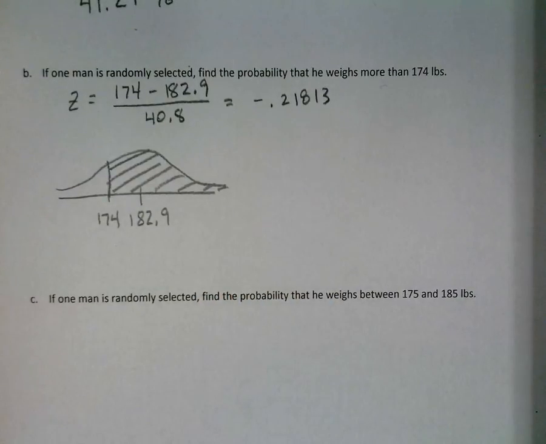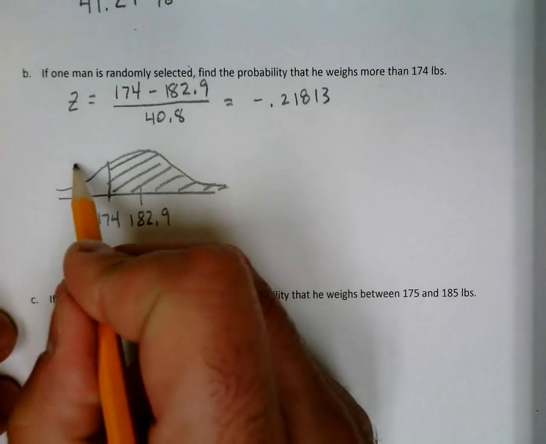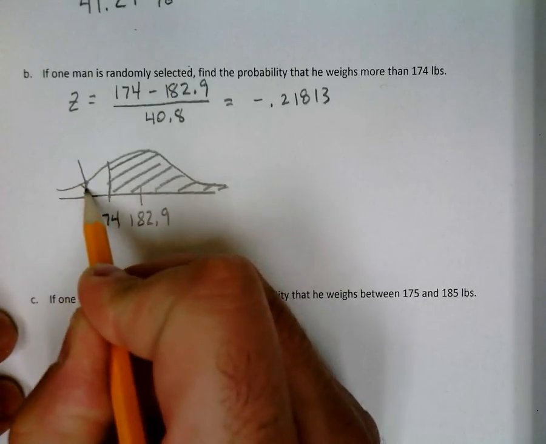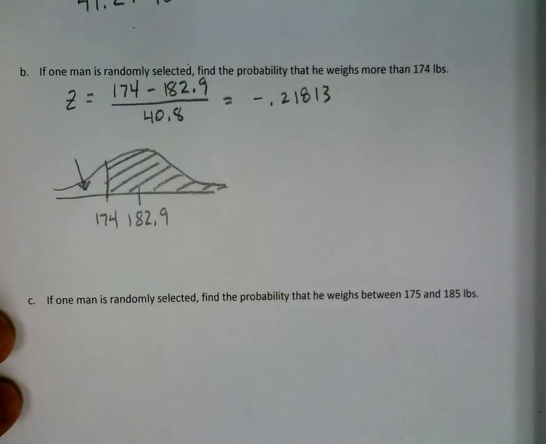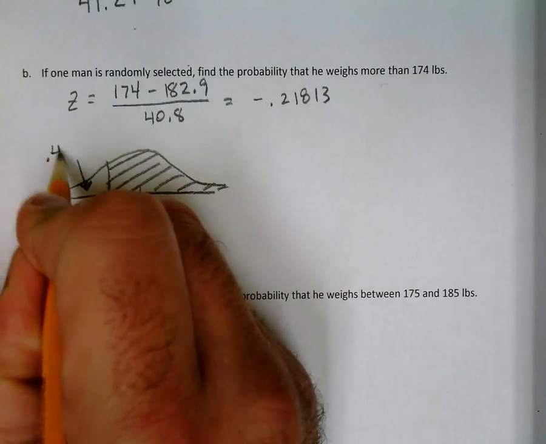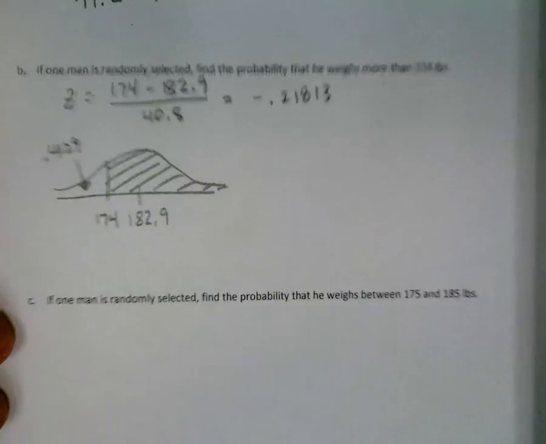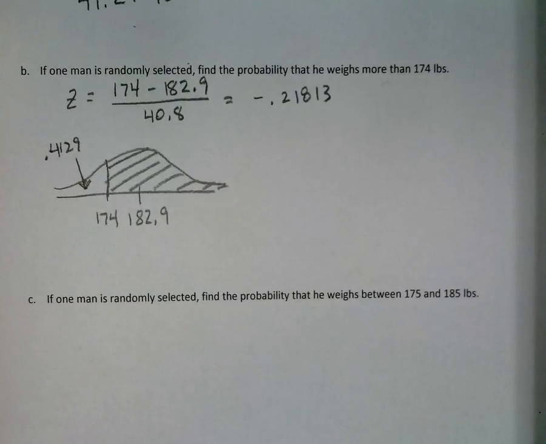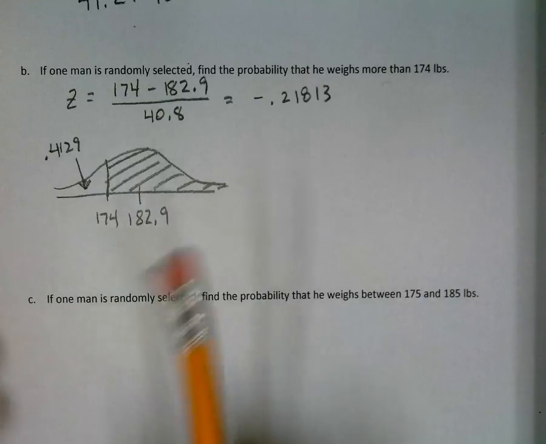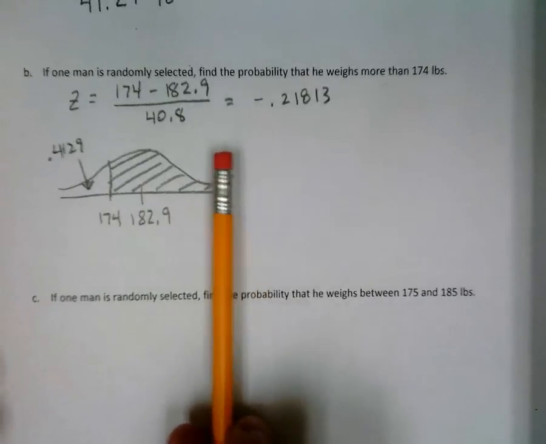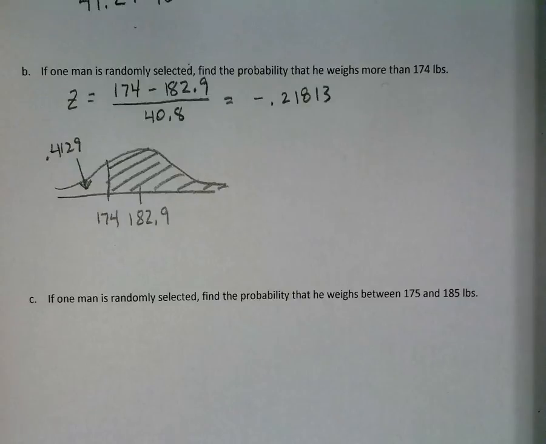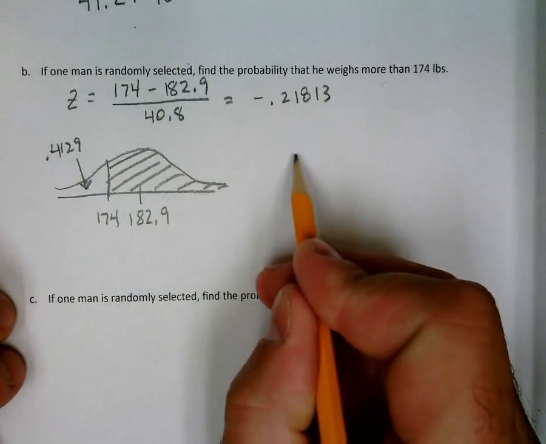So we already figured out from the previous problem that the area to the left of 174 was 0.4129. If we take into account that the area under the entire curve represents all possible probabilities, then the area under the entire curve is equal to 1.